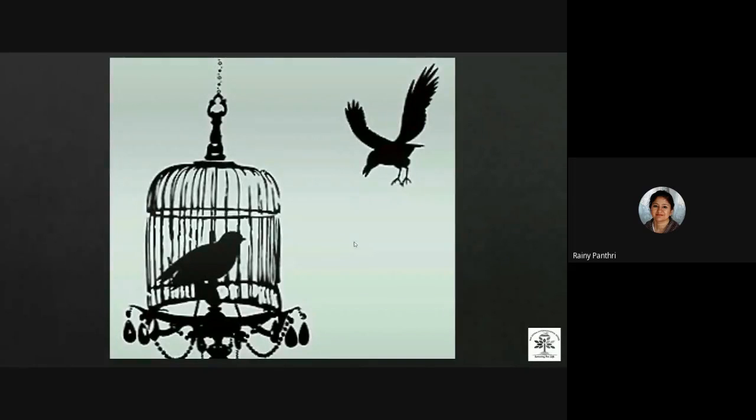Is this visible? Can somebody tell me if it is visible, please? Yes, Rainy. Yes, Rainy ma'am.